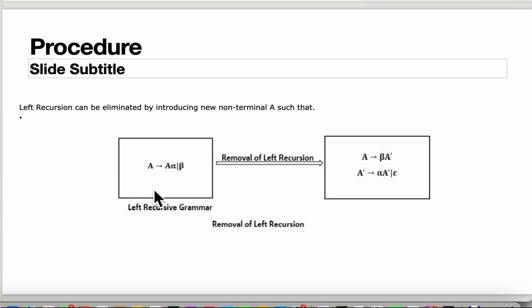Now we have to expand A dash. A dash gives the symbols which are left over, don't write A. All the symbols which are left over in this term you write down here. Alpha is the only symbol which is left over, and the variable you have created, A dash, or epsilon. This is how you eliminate left recursion in a given grammar.